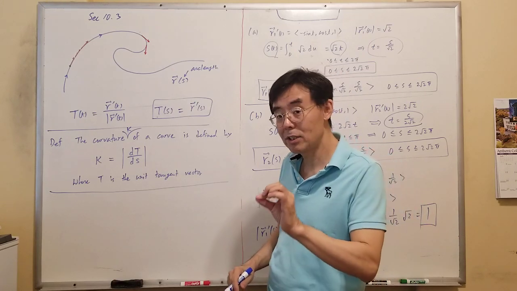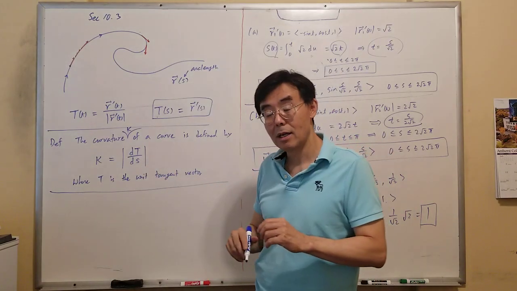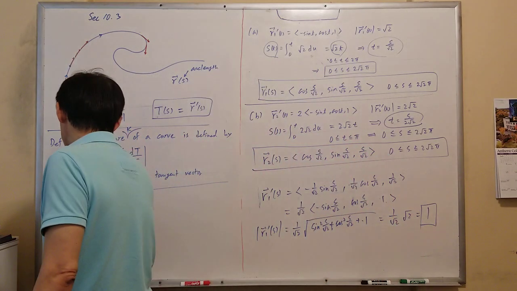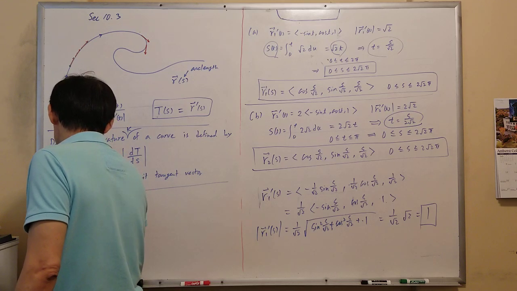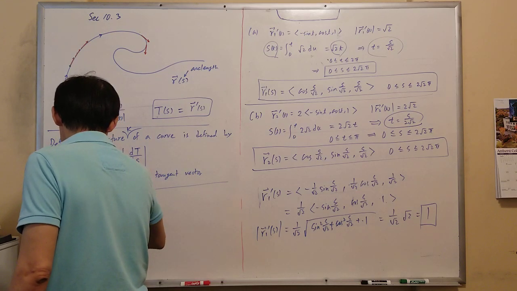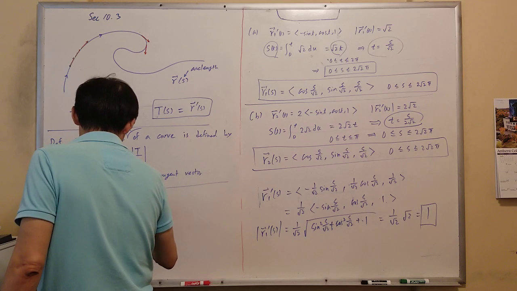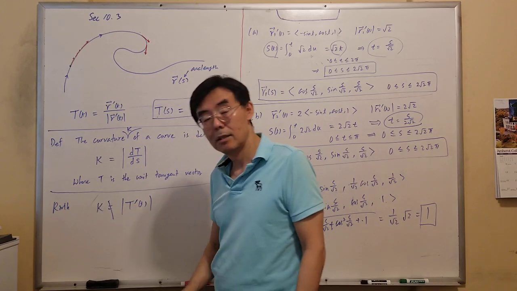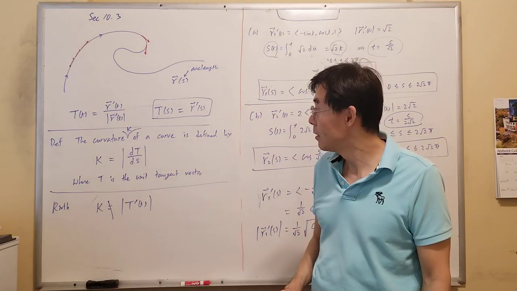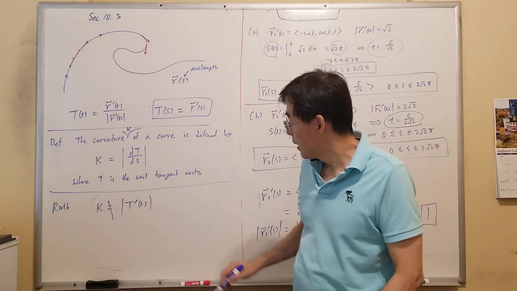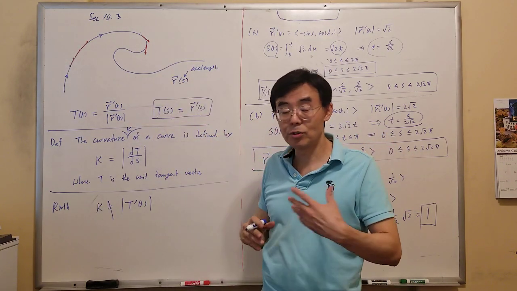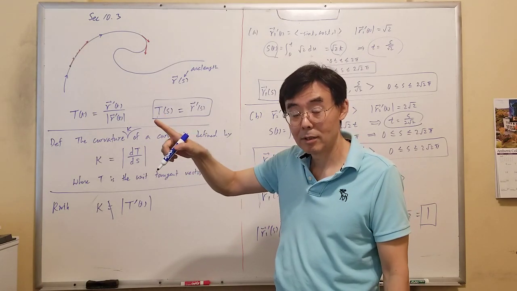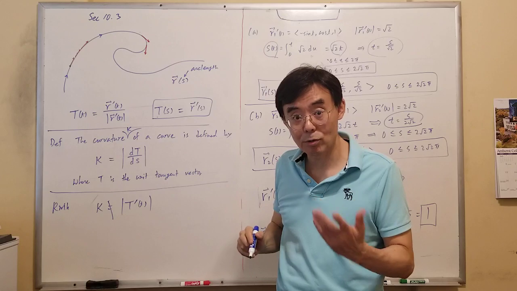If your parametrization is given as anything other than arc length S, then, remark, kappa is not just the derivative of the unit tangent vector. Let me explain. If your parametrization is any general one, not necessarily arc length, sometimes you go fast, sometimes you go slow.